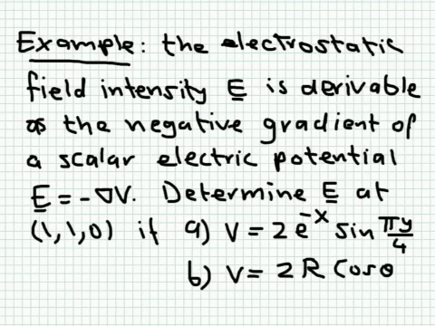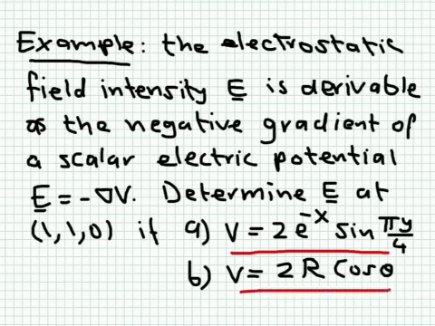A couple of examples on the way we calculate the gradient. The first example asks you to find the electric field given the scalar electric potential, and believe it or not, we'll be doing many of these examples later in the course. So here I have the expression for a potential in Cartesian coordinates.